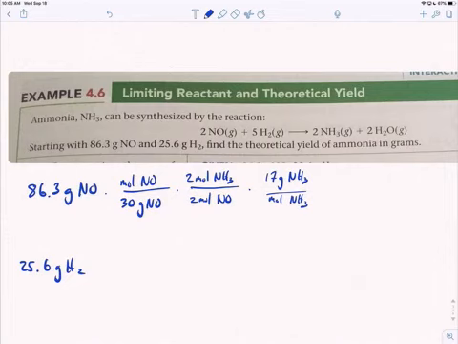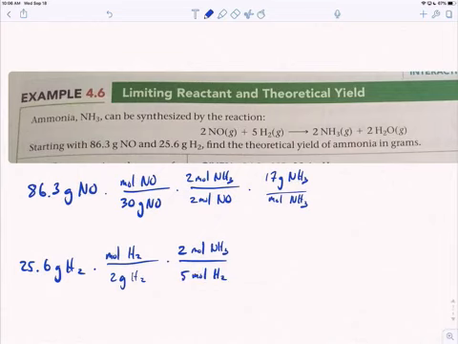Same thing for the bottom one. So this is 1 mole hydrogen to 2 grams hydrogen, and then 2 mole ammonia to 5 moles hydrogen, and 17 grams ammonia per mole ammonia.